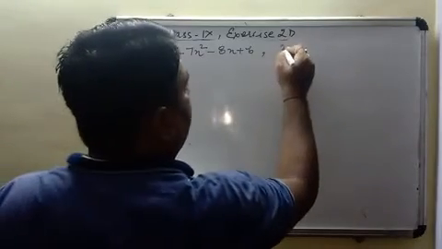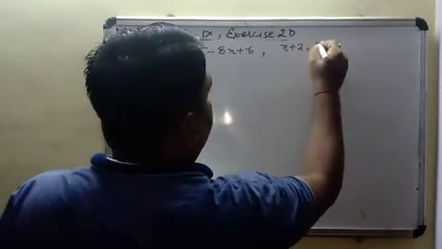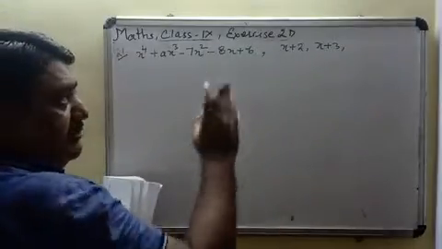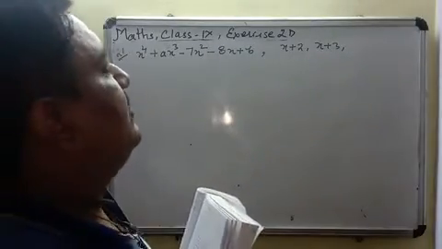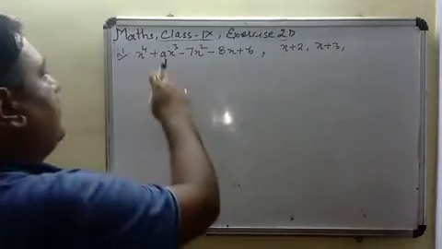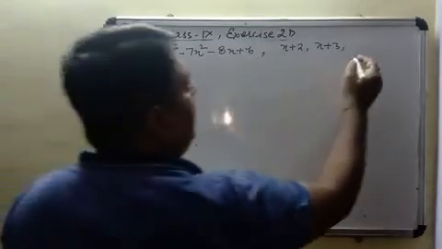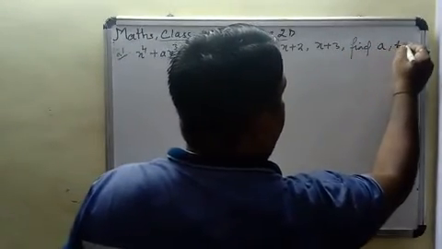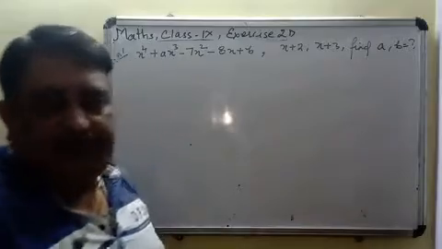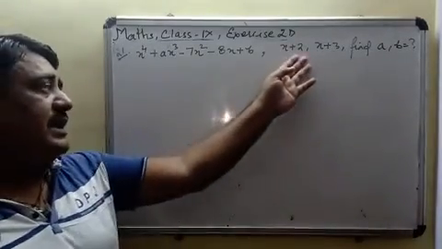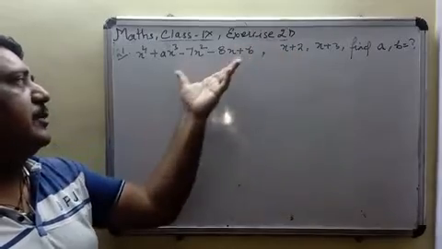The first one is x plus 2 and the other one is x plus 3. Therefore, if this x plus 2 and x plus 3 are the factors of this polynomial, we have to find out the value of this a and b. Find a, b.